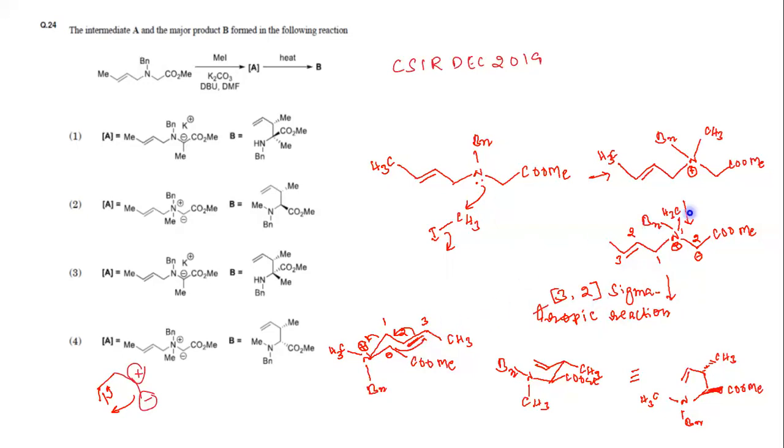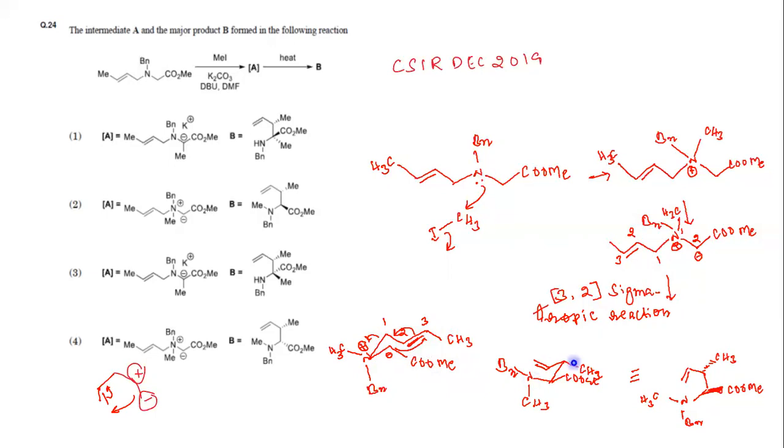So the same substrate is written in this form here. Now we are making the bond between the carbons numbered 3 and 2. This is 3 and this is 2. Look at the electron rearrangement: this negative charge will make a bond with this. Then these pi electrons will move here, and this will become a double bond, and these sigma electrons will move on to nitrogen, making it a neutral atom here.